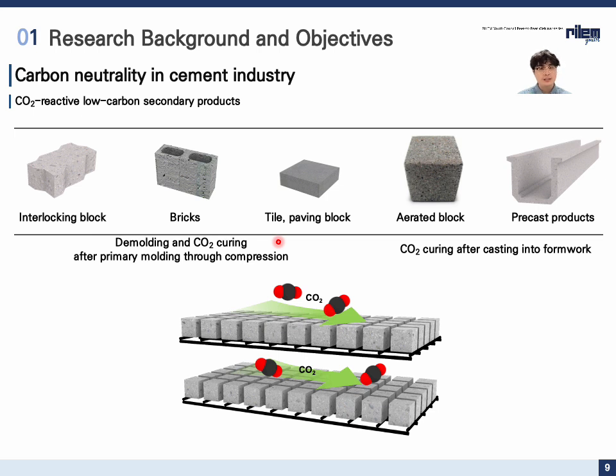This method is suitable for producing dense, durable blocks and tiles. And second, direct CO2 curing after casting into formers, applicable for complex precast structures, enhancing rapid strength development and structural integrity. So these products not only reduce overall CO2 emissions, but also enhance sustainability by permanently storing CO2 within the structural matrix.